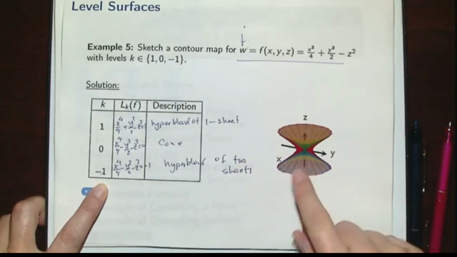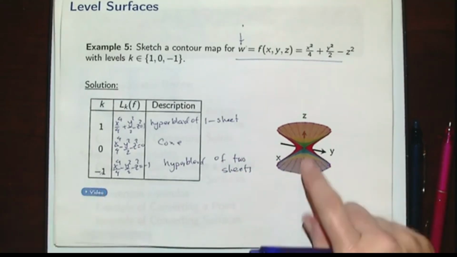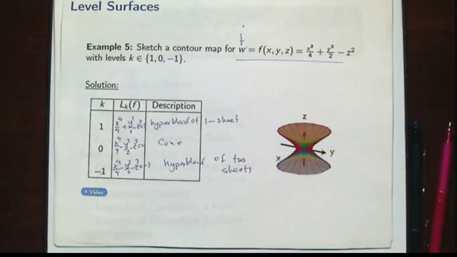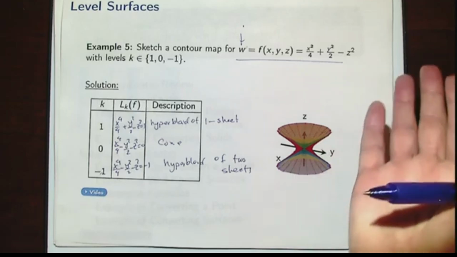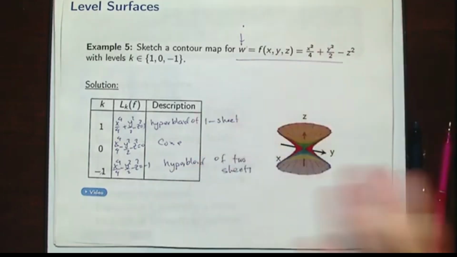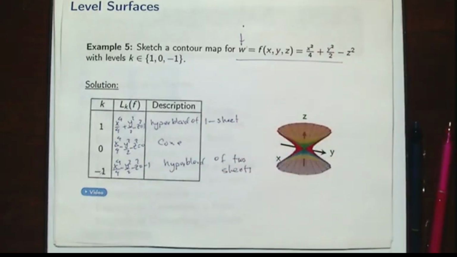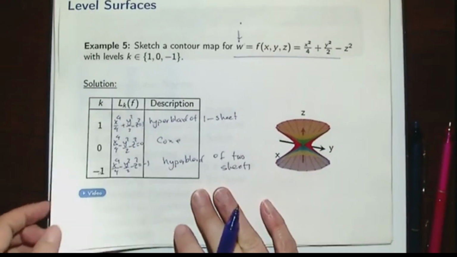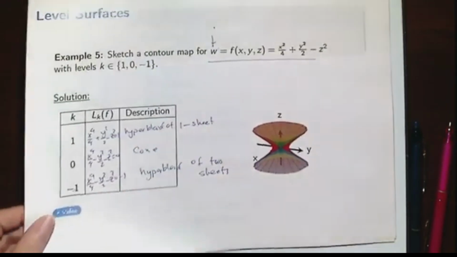So the contour map looks like this, basically, for this function. Turns out, we're not making this up. This actually is important in part of the physics, maybe not the immediate physics you take, but higher up. It's actually an important function.